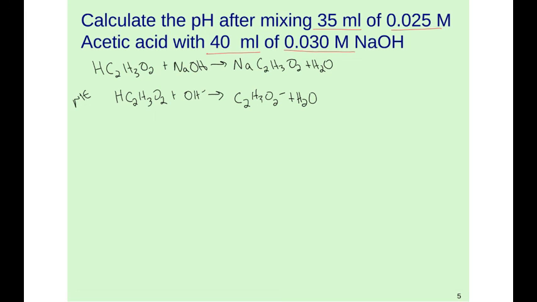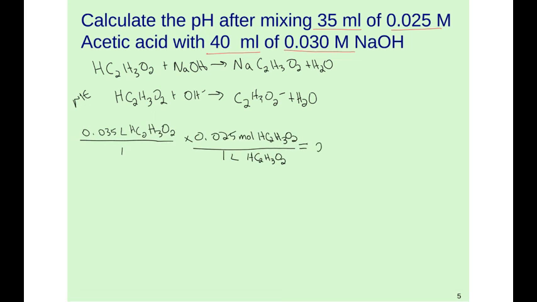So for our acetic acid, 0.035 liters times 0.025 moles per 1 liter, we are reacting 0.000875 moles of that acetic acid. And when we do the same thing for the sodium hydroxide, 0.040 liters of sodium hydroxide multiplied by that concentration, 0.030 moles per 1 liter, we get 0.0012 moles of sodium hydroxide.